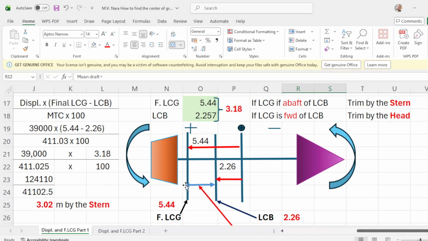Okay. Another explanation, this is your final LCG. This is the weight of the vessel, the weight of the cargo, the weight of the non-cargo. All weights are concentrated in this vertical line, your final LCG, because of the gravity of the total weight.